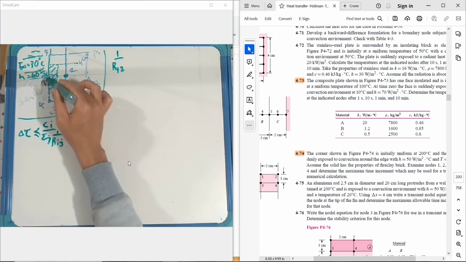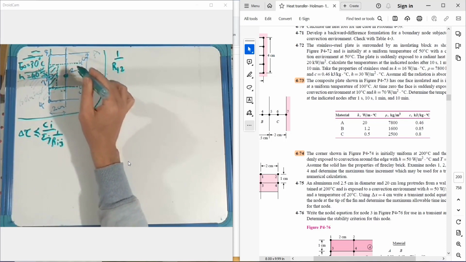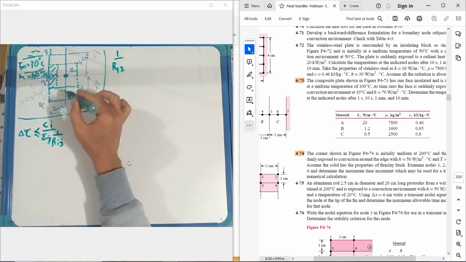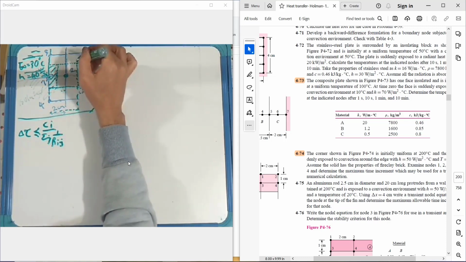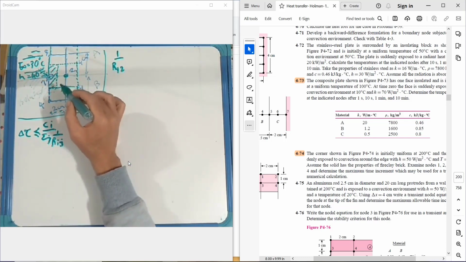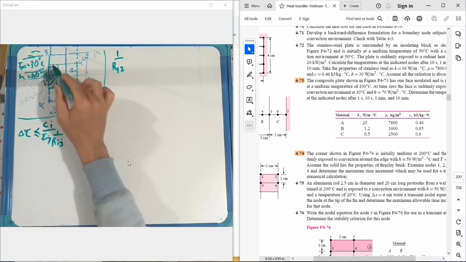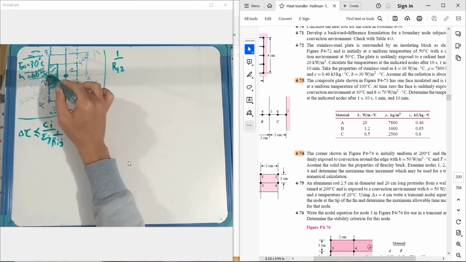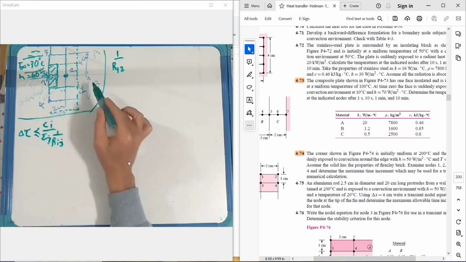Let me draw it from the top a little more. I think this is 4.2, and this would be 4.4, and of course this is 4.3. But the element we need to solve this problem is just this element, and this is 0.2. So half of it is in material A and half of it is in material B.